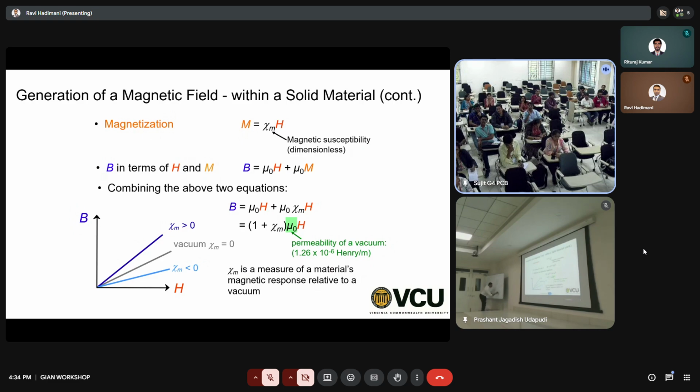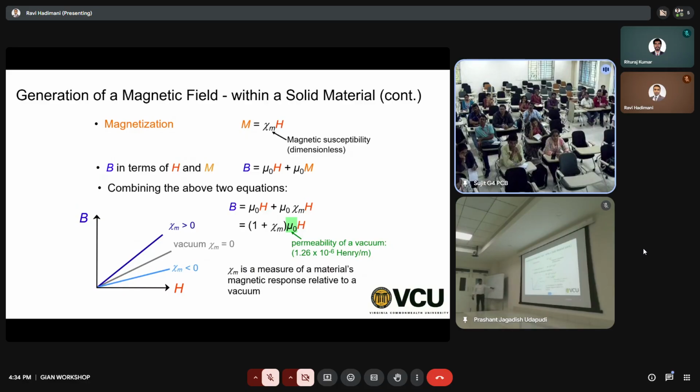Here mu r is smaller than 1, for diamagnetic materials. My handwriting is not that clear, but this is ferromagnetic material, paramagnetic material, diamagnetic material.